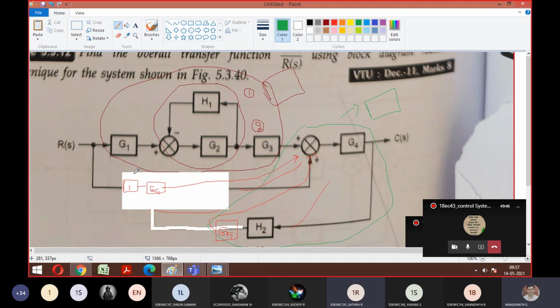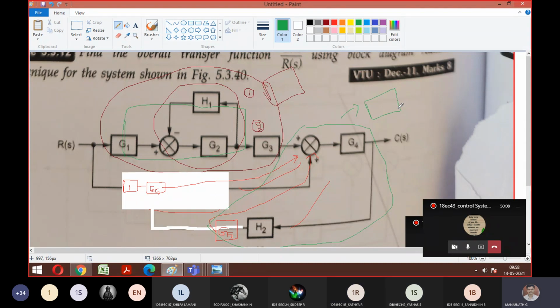Parallel. Good. So this complete answer is going to be one block, right? So this one block and this 1 into G5, nothing but G5 only. That two parallel combination you should do. So then finally this one block and this one block become what? Cascade. Good.